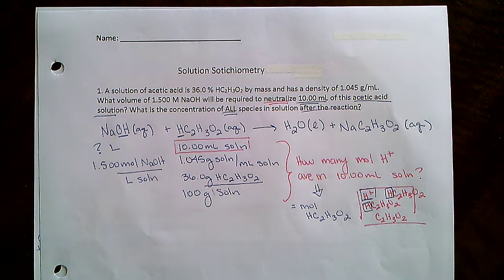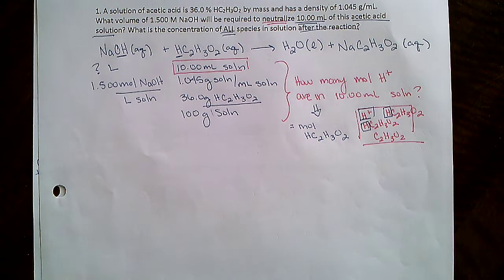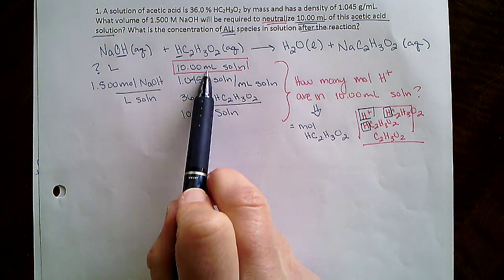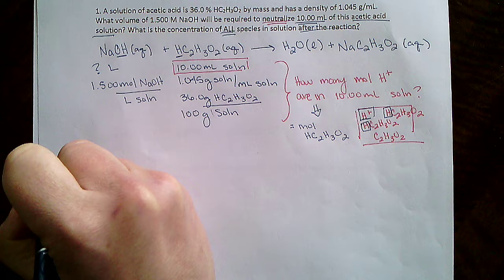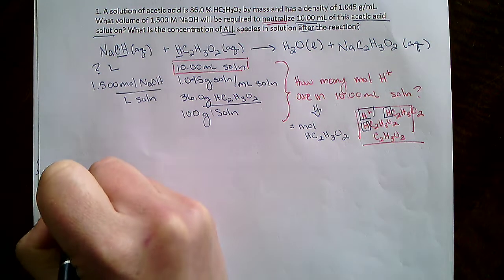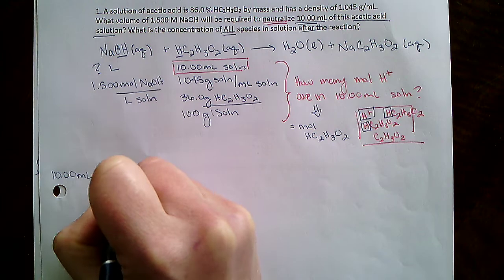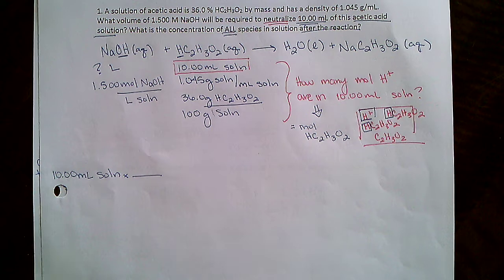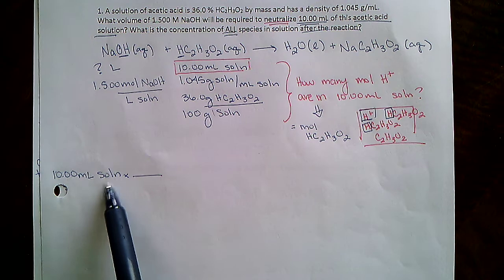Okay, so I'm going to move this up a little bit, and we'll do the work. We're starting with this 10.00 milliliters of solution. Now, I'm trying to figure out moles. So first, I know I'm in milliliters of solution.